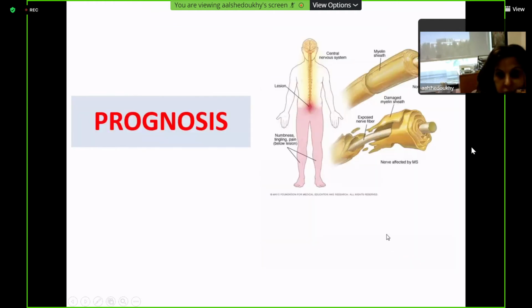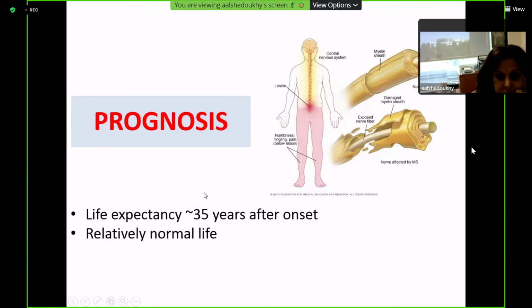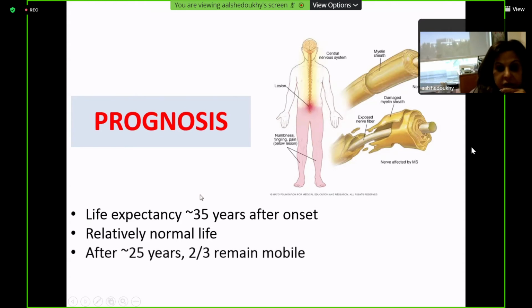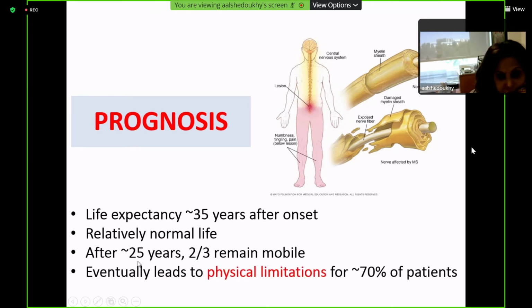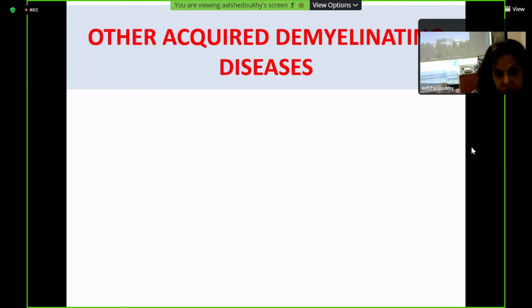Prognosis: people have a life expectancy of 35 years after the onset, and after 25 years two-thirds remain mobile, and later on there will be physical limitation in 70% of the patients, so they need life support. So this is a simple pathogenesis of a good example of demyelinating disease.